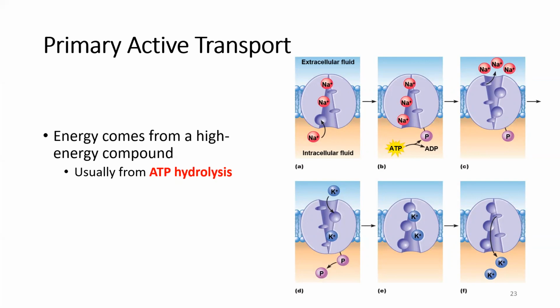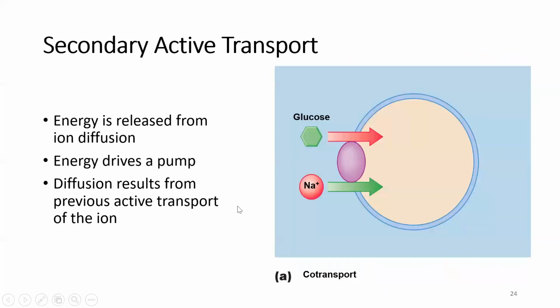So this ATP pump can move sodium and potassium in opposite directions against their concentration gradients by simply hydrolyzing ATP to move sodium in one direction and hydrolyzing ATP to move potassium in the opposite direction. So that's primary active transport.